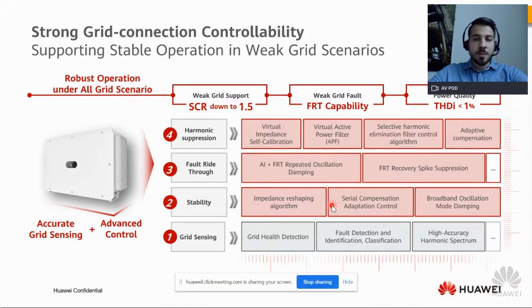It should not and must not switch off, because this way the power can be even higher than it was before. By keeping the inverter online, the system and the grid can be more stable in the long run.